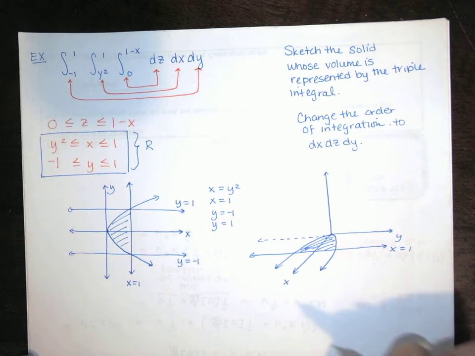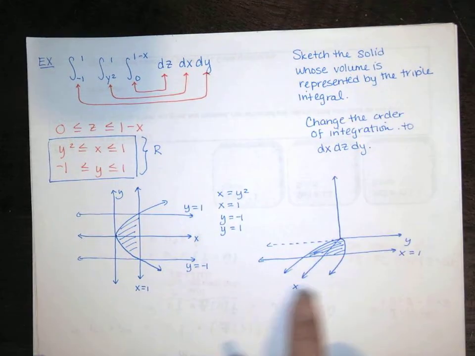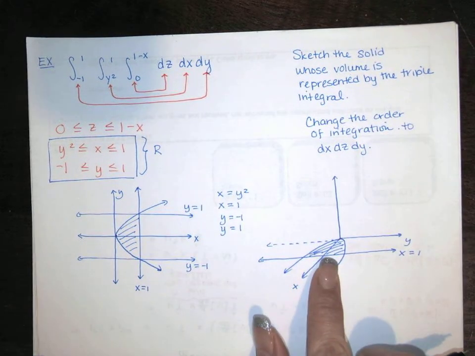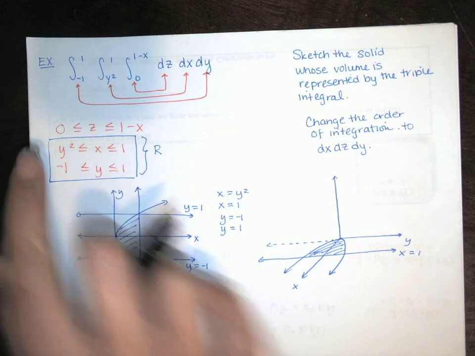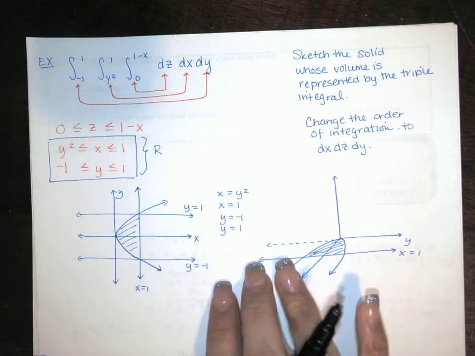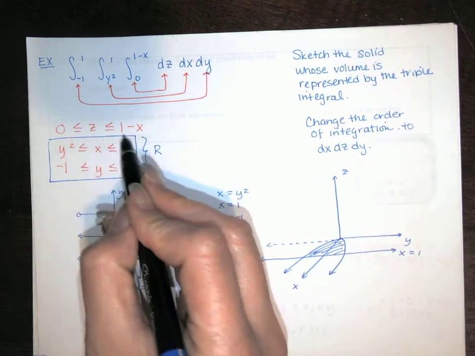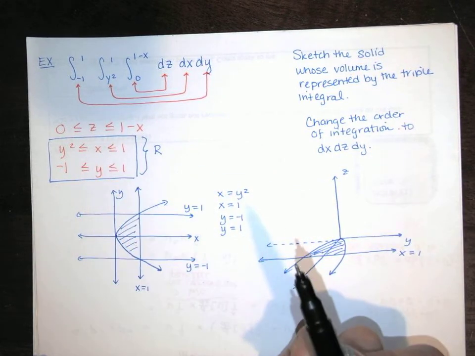Okay. Now, the solid is bounded below by this region R, which is z equals 0, the xy plane. And then it goes up to this other surface, z equals 1 minus x.